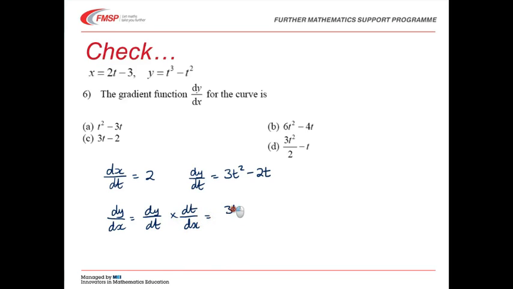That's 3t squared minus 2t divided by 2, which is 3t squared over 2 minus t.